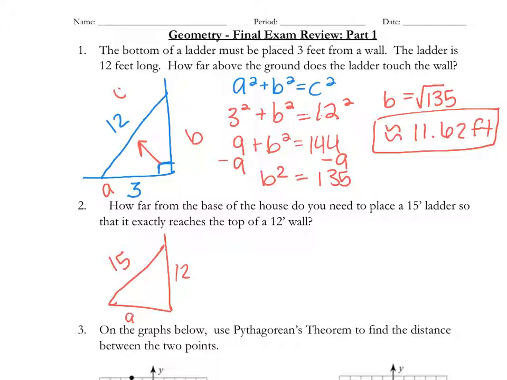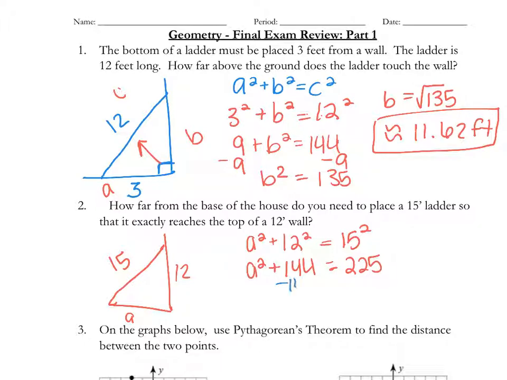So I'm taking a squared plus 12 squared equals 15 squared. So that's a squared plus 144 equals 225. And again, it doesn't matter if you use 12 for a or b. As long as you're solving for one of the legs, you'll get the same thing.